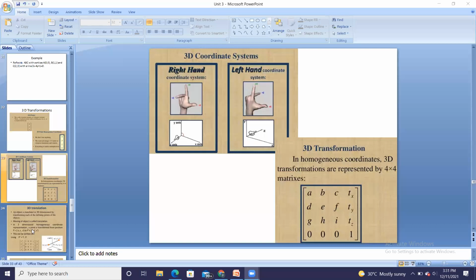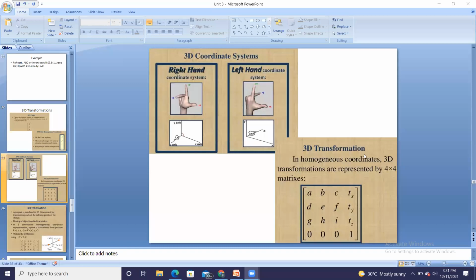The direction of z with the right hand is exactly opposite to that with the left hand. So only the z parameter changes its sign between the right and left hands. This is the 3D coordinate system using the right hand and left hand.